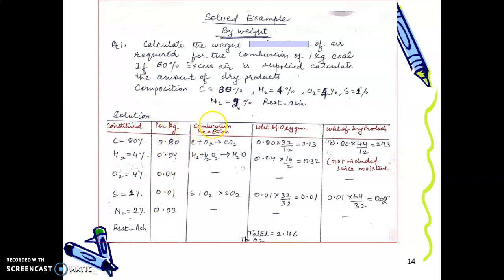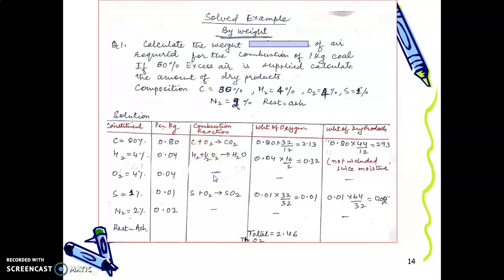Now the third step is writing the combustion reaction for the elements. The first element is carbon: C plus O2 giving CO2. Hydrogen plus half oxygen giving H2O. Oxygen, since we have already learned that it does not combust itself but helps in combustion, has no combustion reaction.